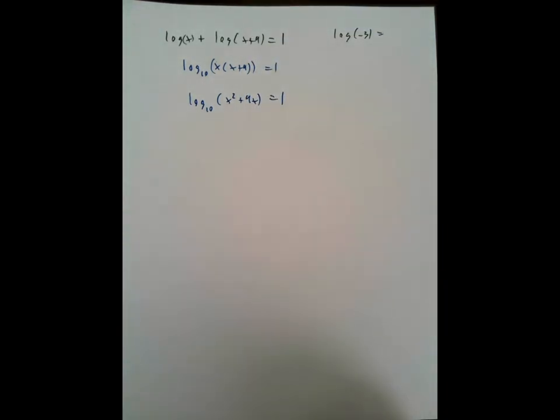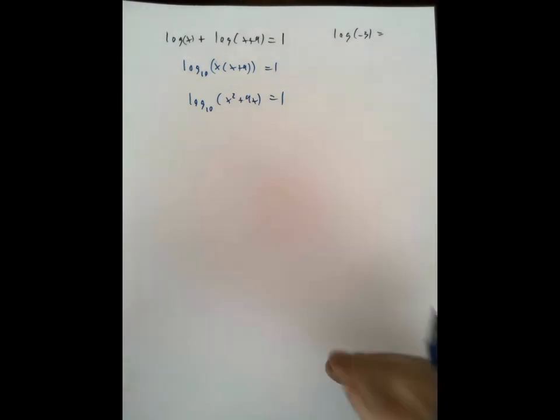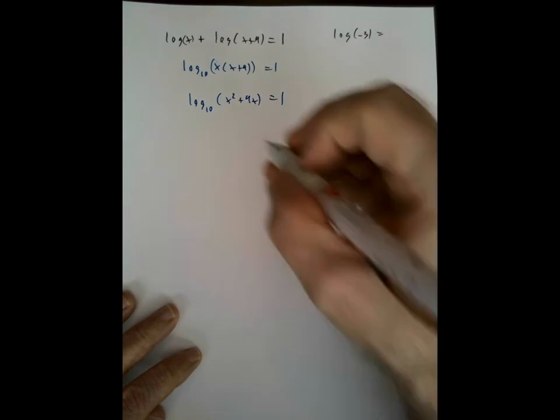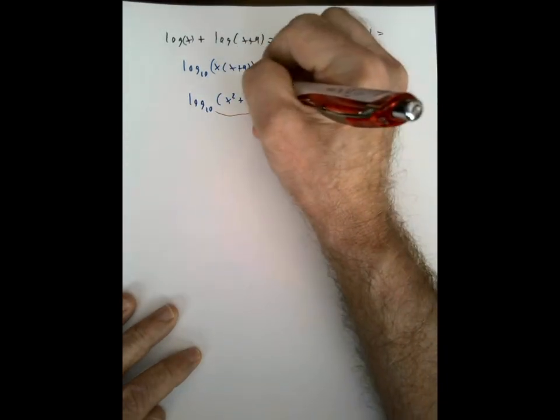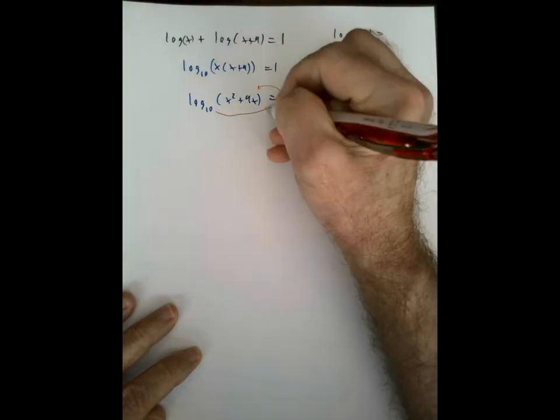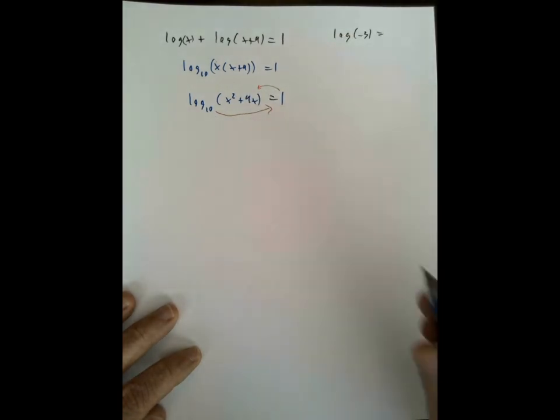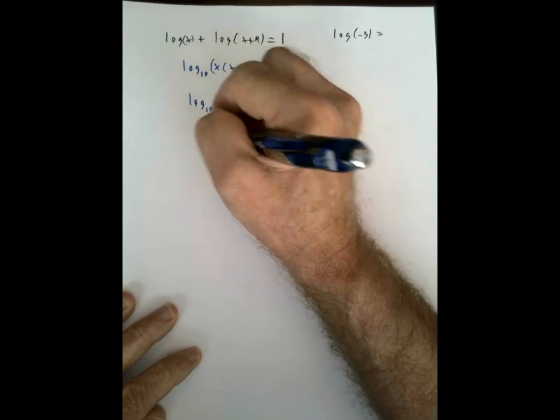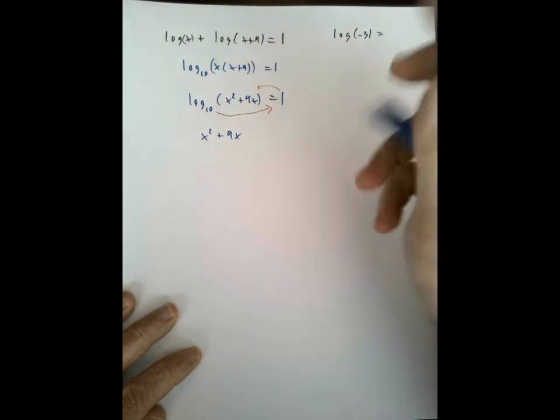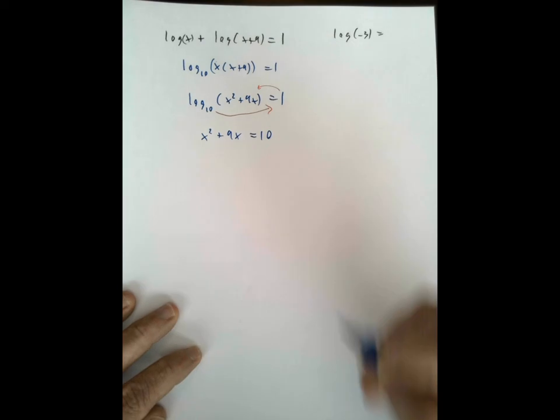Now that we've got one single log term, we're going to change this into its equivalent exponent. 10 to the first power must be equal to x squared plus 9x. 10 to the first power is still 10, right?